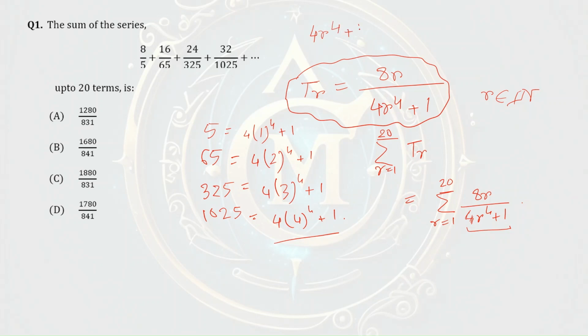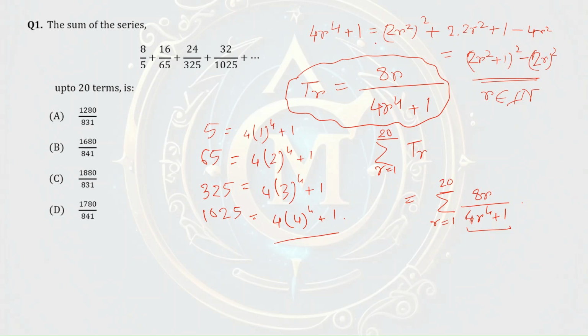4r to the power 4 plus 1, we can factorize it easily by completing the square. (2r square) whole square plus 2 times 2r square plus 1 minus, and we have to subtract this 4r square as we have added it. So 4r square here. This can be written as 2r square plus 1 whole square minus 2r whole square.